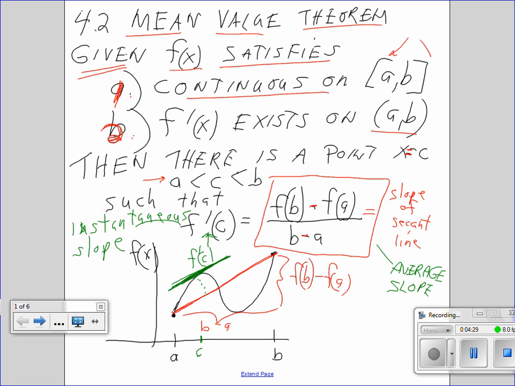In this case, there's 2 points, aren't there? There's actually 2 points. The theorem doesn't say if there's more than one. You know, there could be more than one. But there has to be at least one. Remember, if I start here and if I go up, I have to come back down.